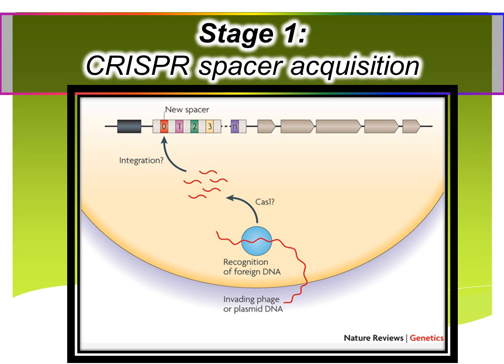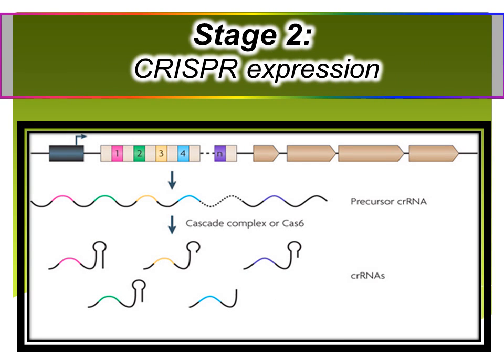The CRISPR-Cas system is produced and acts in three stages. In stage 1, CRISPR spacer acquisition, Cas1 enzyme cuts foreign DNA into short fragments and integrates them into new spacer sites in the CRISPR locus on the host genome.